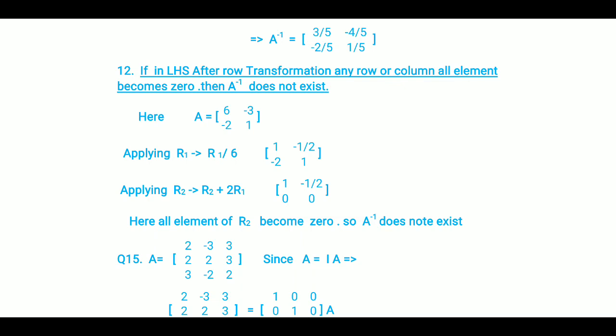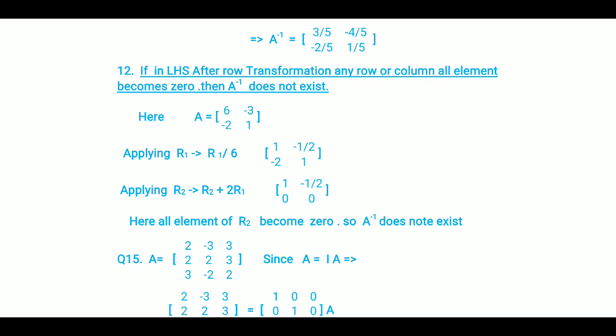for A inverse. But in this, I am taking this question: A is equal to 6 minus 3, minus 2 1, A is equal to I into A. That is not misprinted here. So we go the same process as we applied in question number 1.